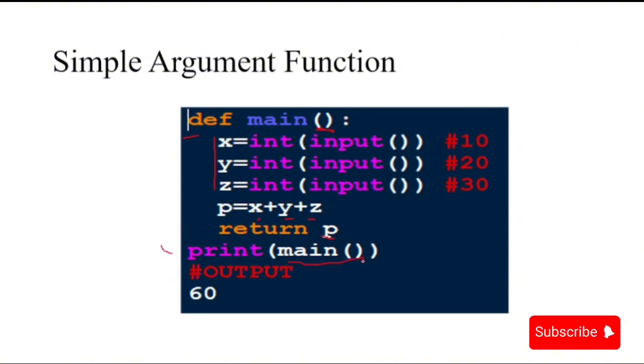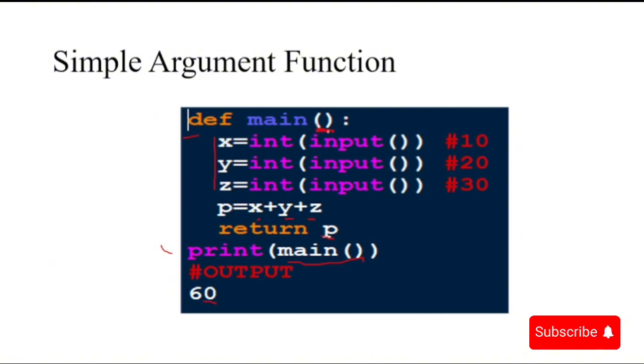Once we run this code, we are prompted to enter the values for x, y, and z. And then when we run, we get the sum of x, y, and z. That is the simple argument function. So here we don't have the arguments.